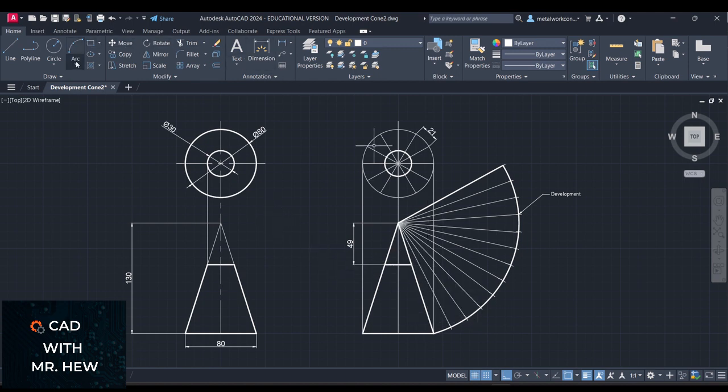So what you're going to do now is go on from the top of the cone, which is the top of the triangle. You're going to put the radius here and mark an arc going around. There's the arc. Good.